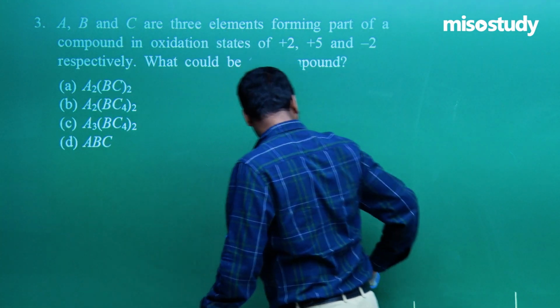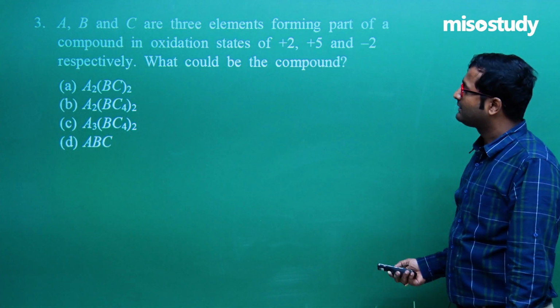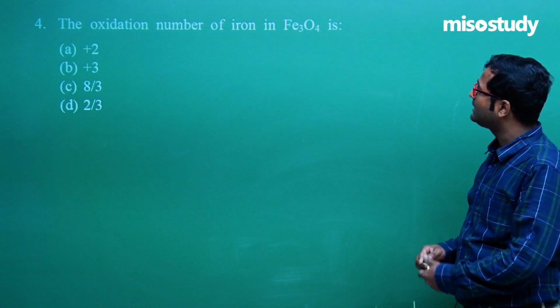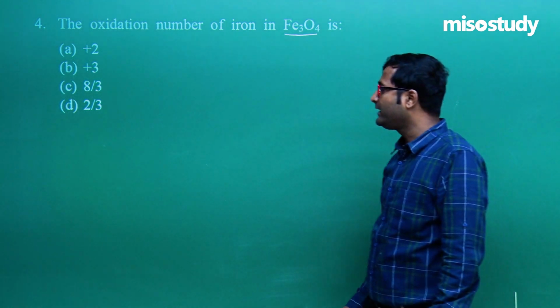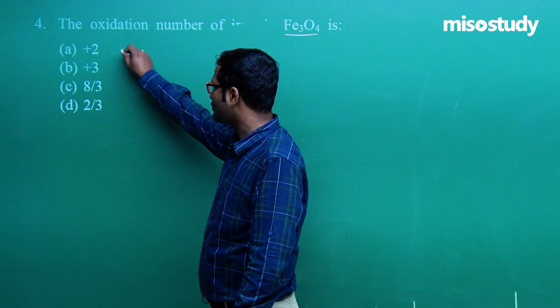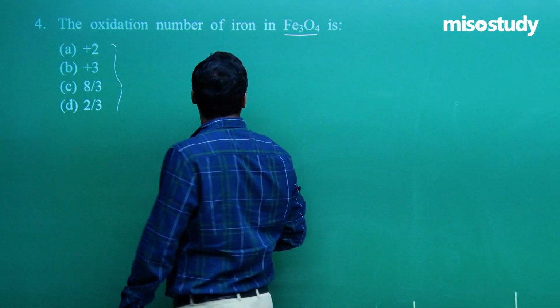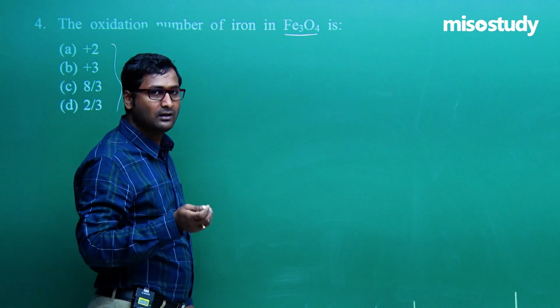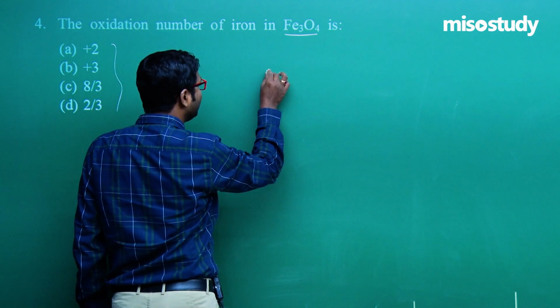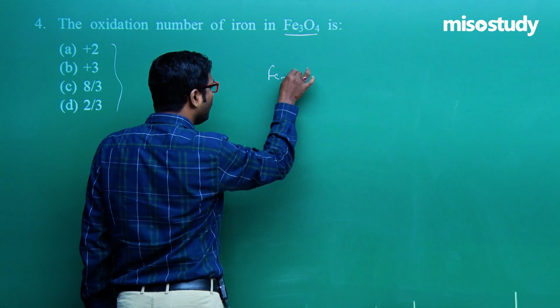Now, the next question is the oxidation number of iron in Fe3O4. According to the options, first of all we have to check the options and we'll get the answer. How to solve? As we know, Fe3O4.